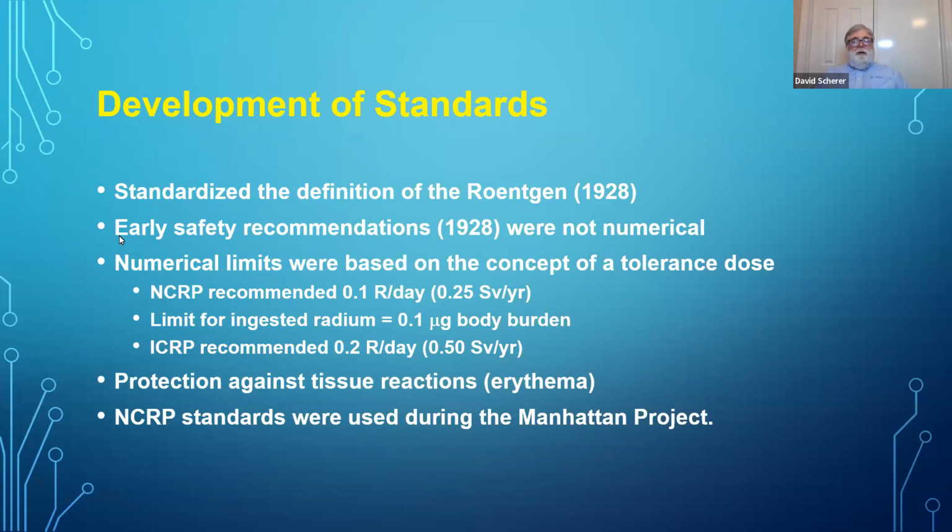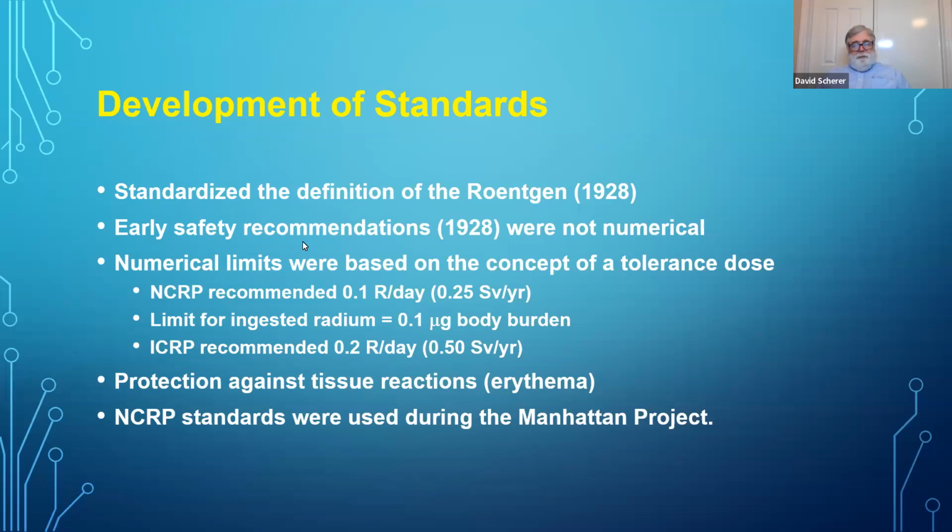The ICRP group came up with some recommendations for safety. Those standards, however, were not numerical. They were things like stay away from the primary beam, limit your exposure time, general recommendations for radiation safety, but not similar to what we would recognize as standards today.